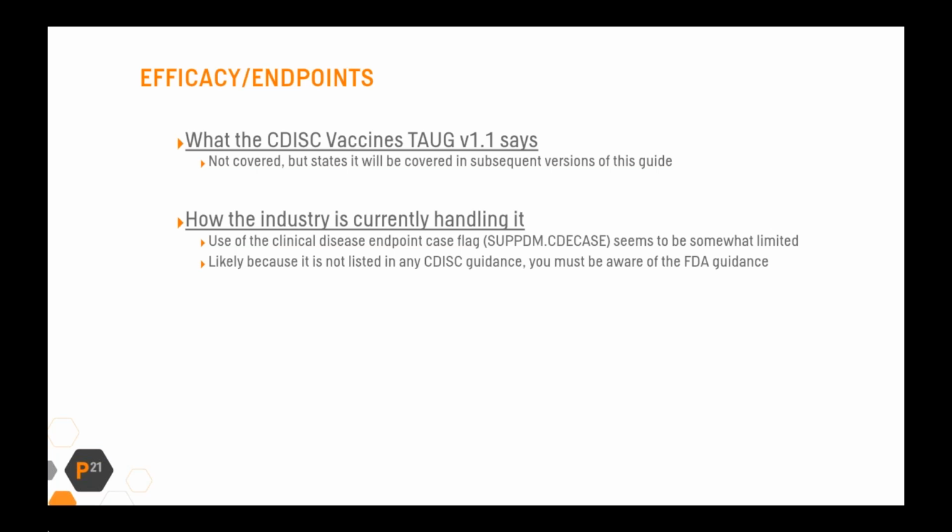This could be because you would need to be aware of that specific FDA guidance, and again, it's not listed anywhere in CDISC guidance. So if this is modeled in a subsequent version of the TAUG, we would hope that preparers would be more aware of this and start to implement it and give the FDA what they request.